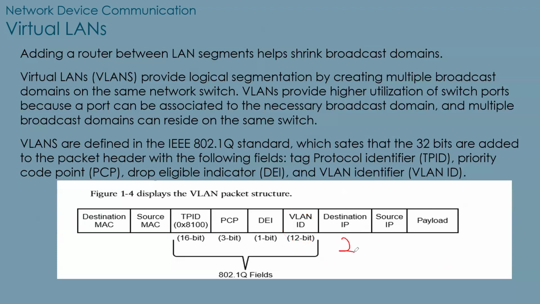Let me give you the calculation. See, 2 to the power 1 means 2, right? 2 to the power 2 means 2 into 2, 4. 2 to the power 3 will be 8, right? 2 to the power 4 means we have to multiply 2 into this, so this will be 16.